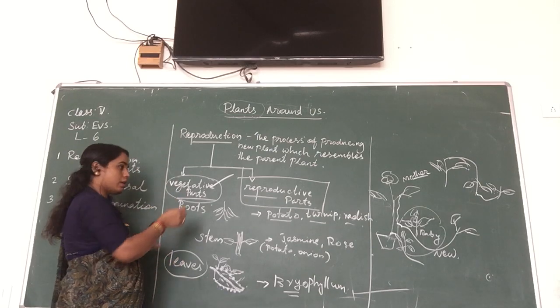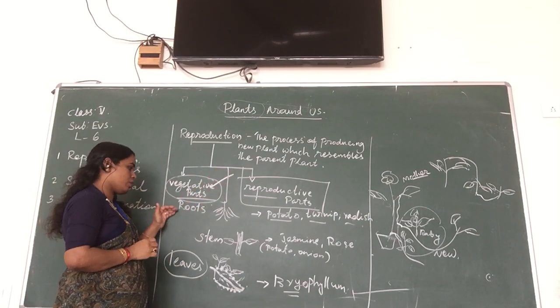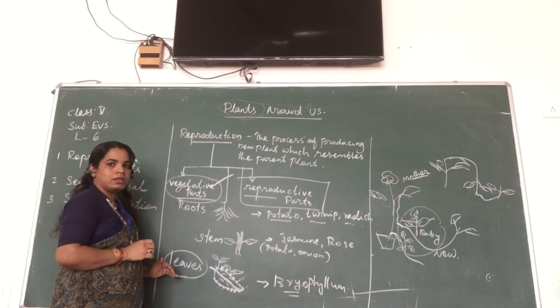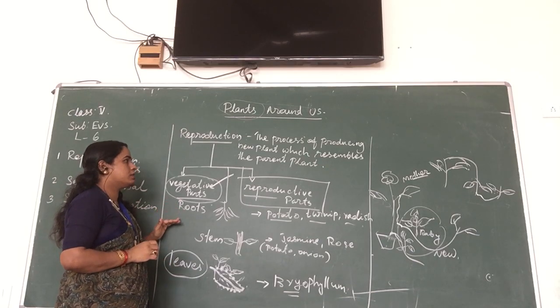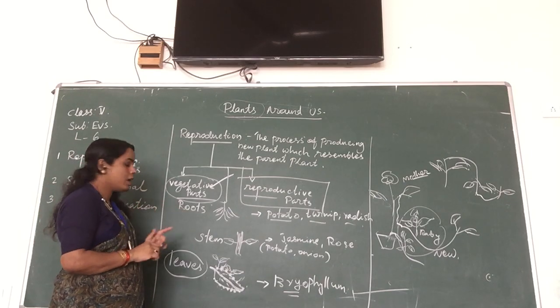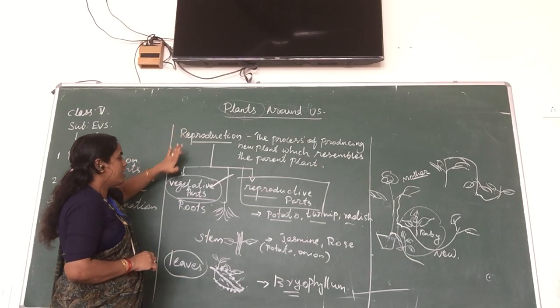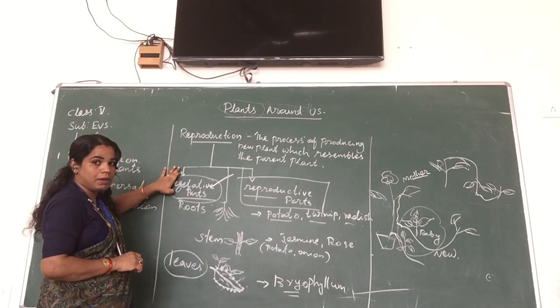Let's discuss only reproduction from the vegetative parts. It may be from the roots, stem, or leaves. The process of producing a new plant from the roots, stem or leaves is known as reproduction from the vegetative parts.